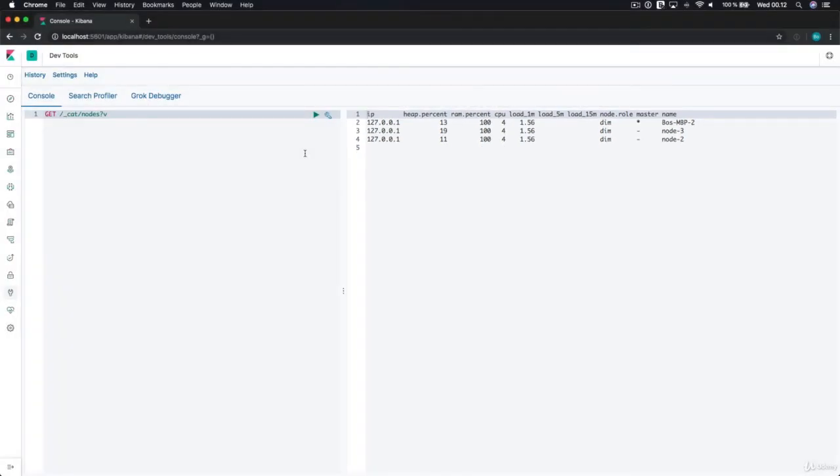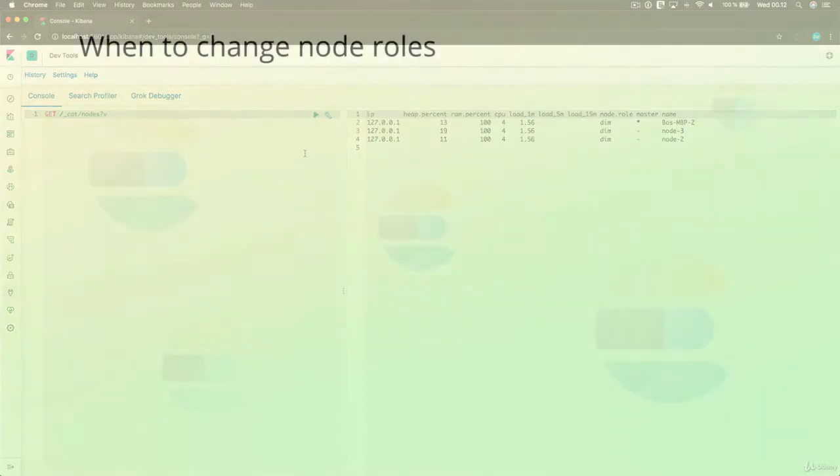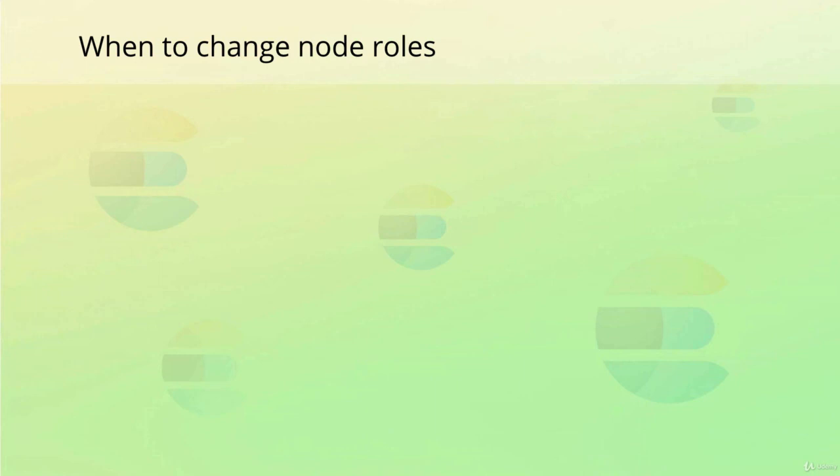Now that you know which roles are available, let's talk a bit about when you will want to change them. As with determining the optimal number of shards that an index should have, the answer is that it depends. That being said, modifying the roles of nodes is almost always something you will do for large clusters and not small ones.